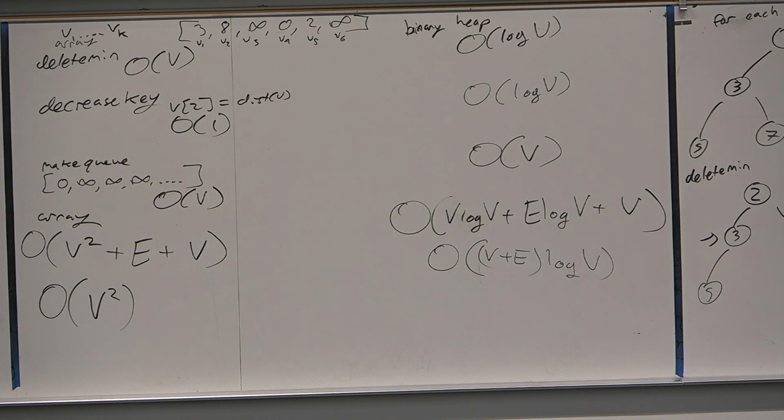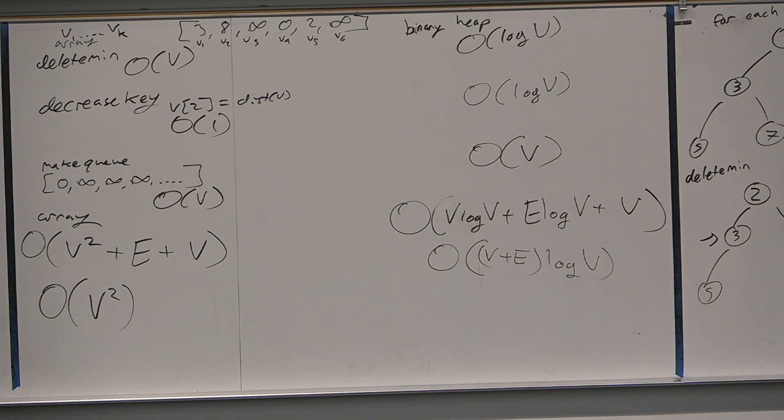It kind of depends. When is it worse than the array? Suppose the graph is dense, right? Let's say E is approximately V squared. Which one of these is better?